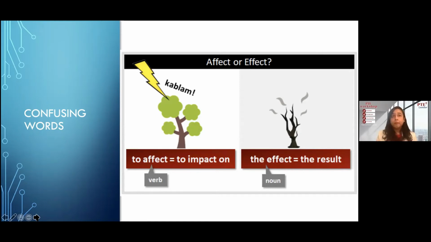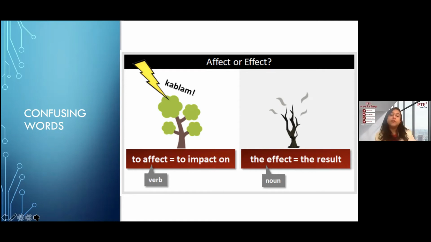But if I say, my poor performance in the test is an effect of my short-term memory, then it will be effect with an E, because in this sentence I'm talking about the consequence, the result or the outcome of my short-term memory. Because I have short-term memory, I can't remember things for a long period of time, so I have poor performance in the test. My poor performance is the effect, the consequence.